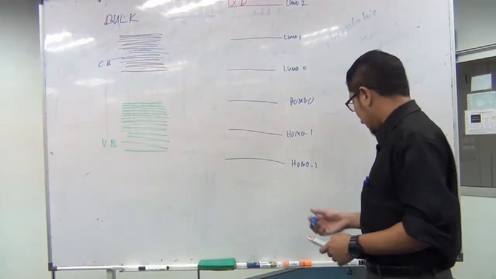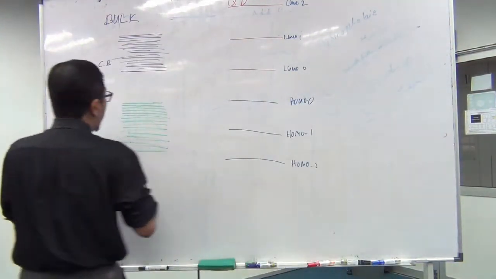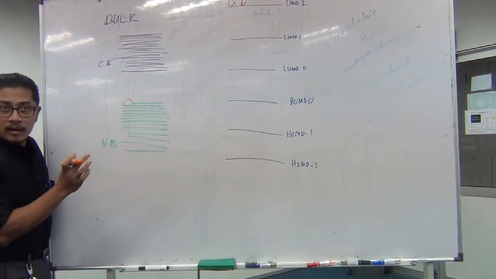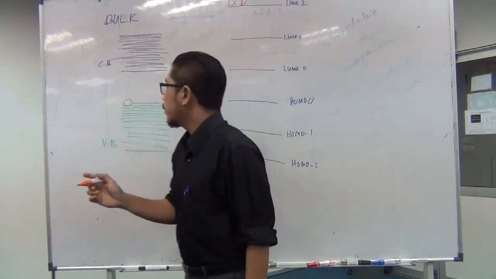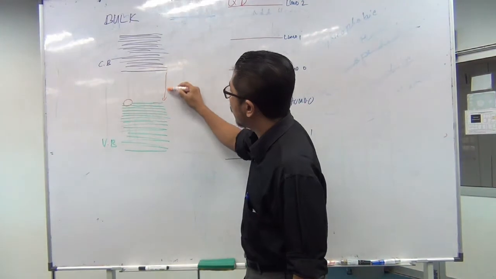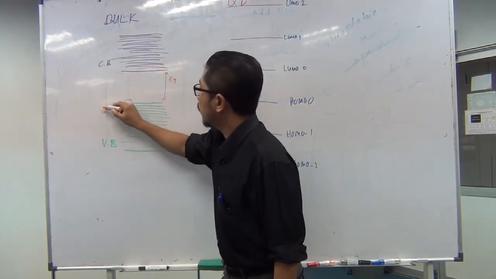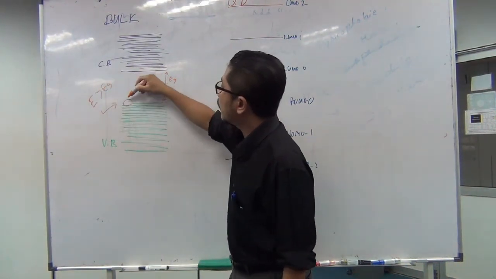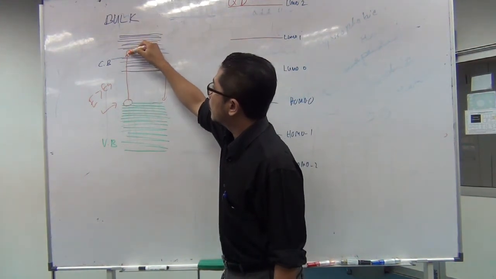So let's see if we excite an electron over here. If we have an electron over here and the electron is absorbing a photon from the sunlight, and the photon is greater than the band gap, this is the band gap, this electron will be excited, maybe up to here.